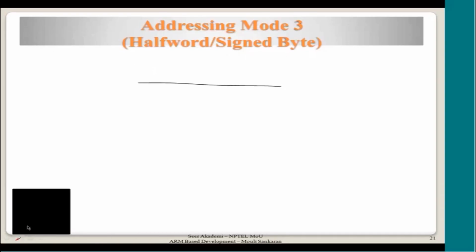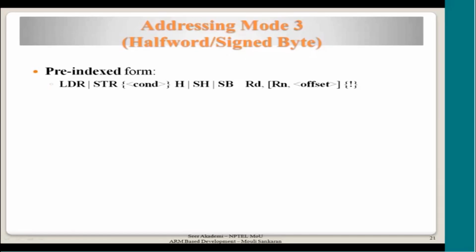Let us see. So this is the kind of instruction format. You have to say LDR or STR, the conditional flag, and then you are supposed to say any one of them: whether I am interested in doing an unsigned half word or signed half word or a signed byte. Now what is a half word? 16 bits.